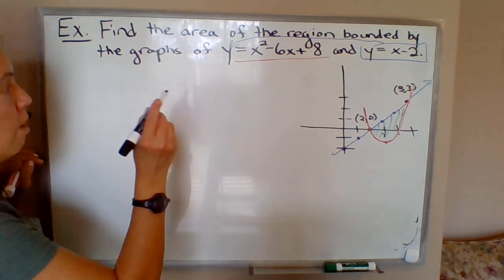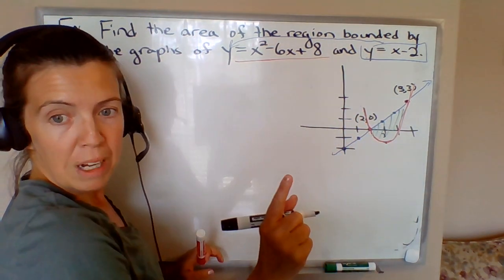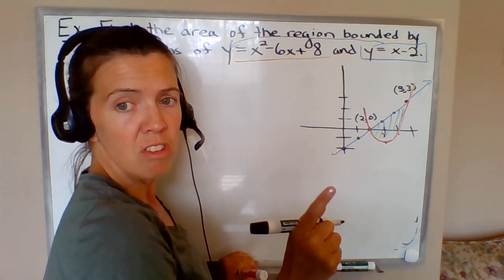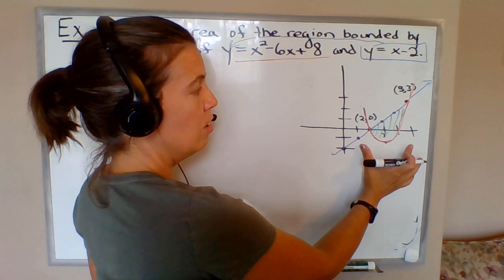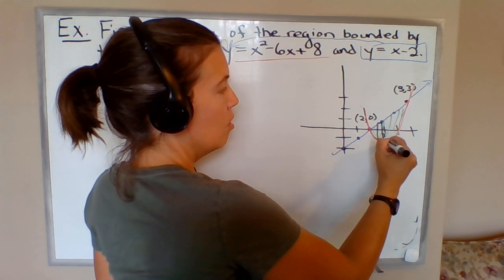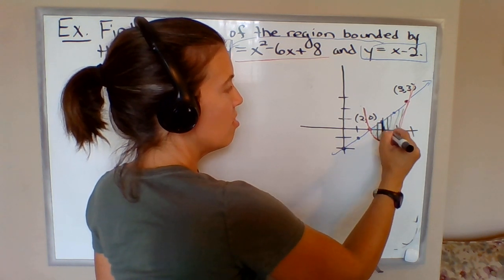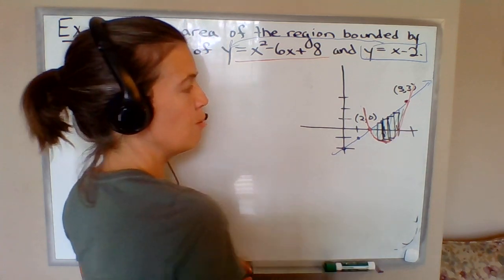Okay, so overall, the way we find area when it's set up this way, let me pause and talk about this because it's going to be important in future sections. You take a look at the area and decide, I'm going to slice this thing up, or imagine we're using rectangles to approximate the area. So rather than using calculus, we're just going to add up the area of a bunch of rectangles.